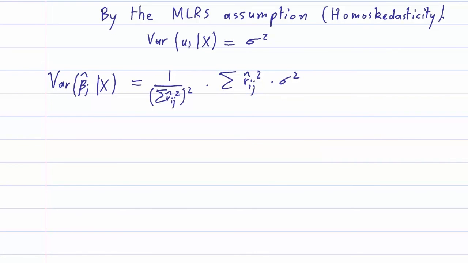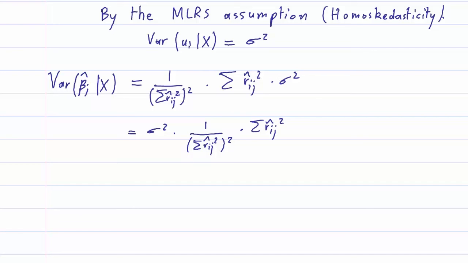Now, sigma squared is constant, it doesn't depend on i, so I can get it out of the sum, and I get sigma squared times 1 over the sum of the Rij hat squared, whole thing squared, times the sum of the Rij hat squared.